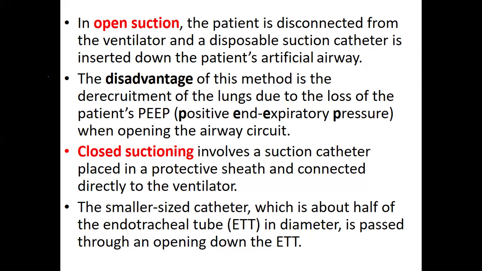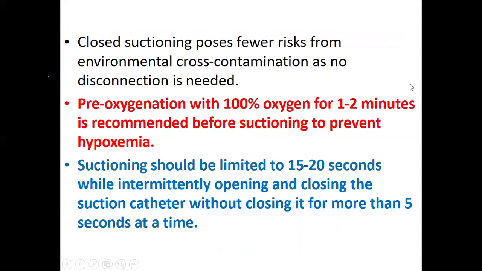Closed suction involves a suction catheter placed in a protective sheath and connected directly to the ventilator. In closed suctioning, there is no disconnection. The catheter tube is just pushed within the endotracheal tube, and the suction happens.